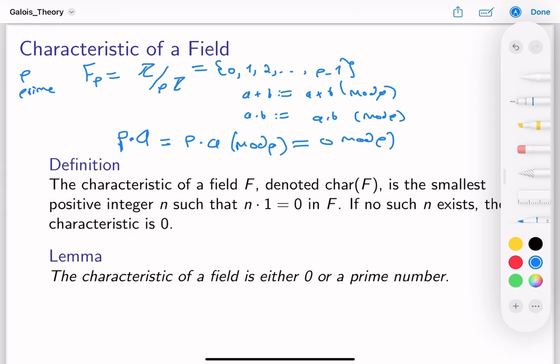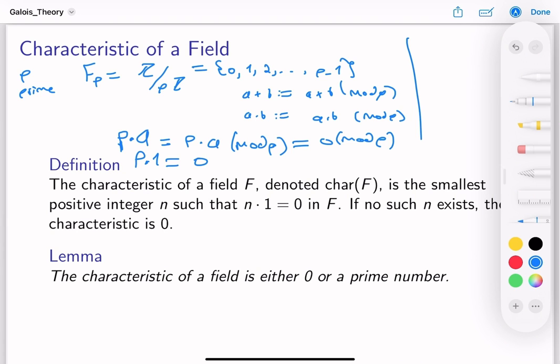So particularly if we multiply p by 1, we will get 0. Now, why is it the smallest integer? Why is it the smallest such number?